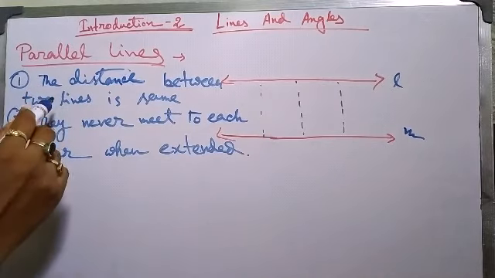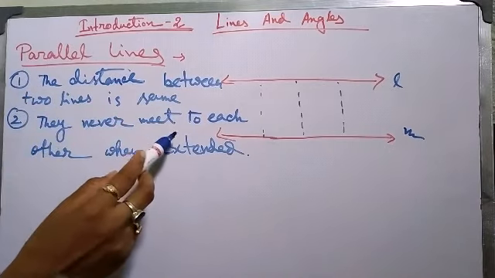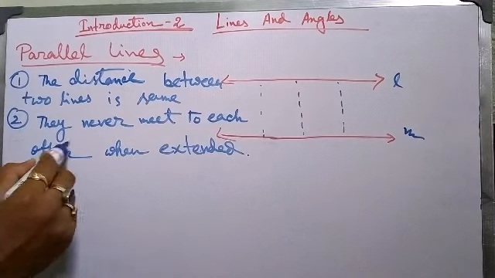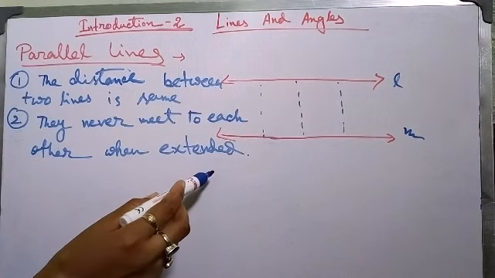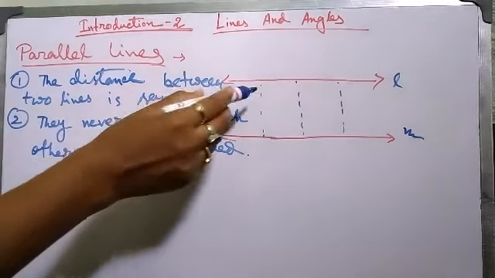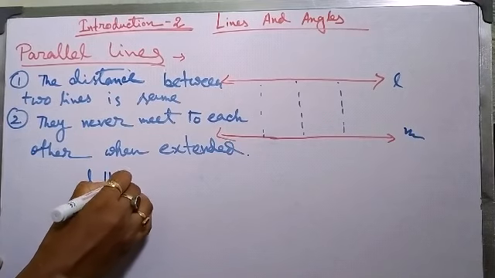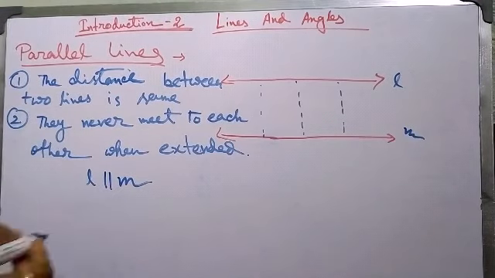The distance between two lines is the same, they never meet each other when extended. They never intersect. So these two parallel lines are written as L parallel M. This is the sign of parallel lines.